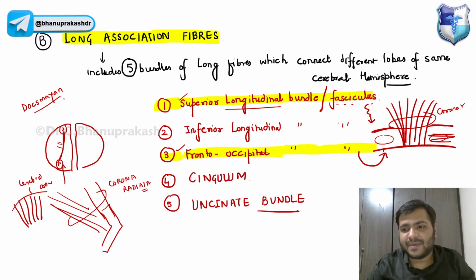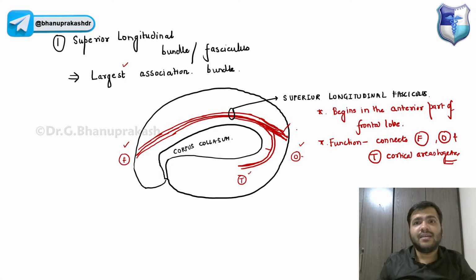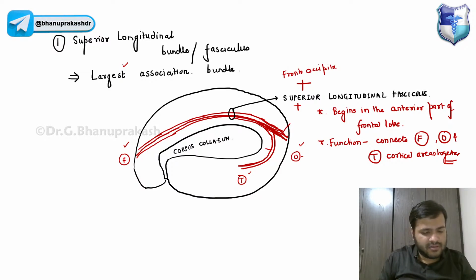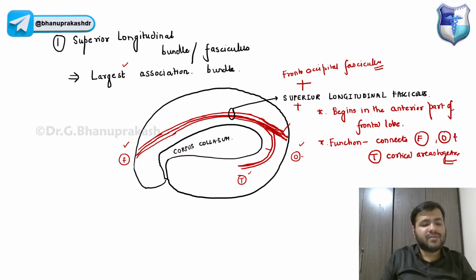The fronto-occipital, again, it is the same one, and I'm not going to discuss it again. So it is superior longitudinal fasciculus, plus, guys, it is the fronto-occipital fasciculus also. I hope you guys understand the 1 and the 3 part.